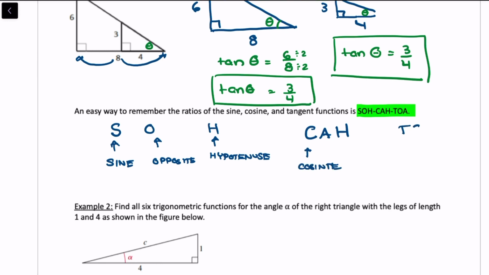And then when we have TOA, this stands for tangent. The A always stands for adjacent. And that's an easy way to remember the trigonometric functions.